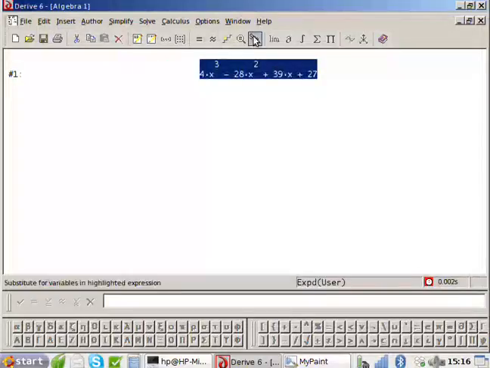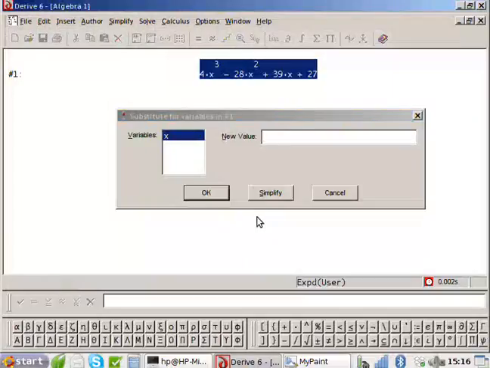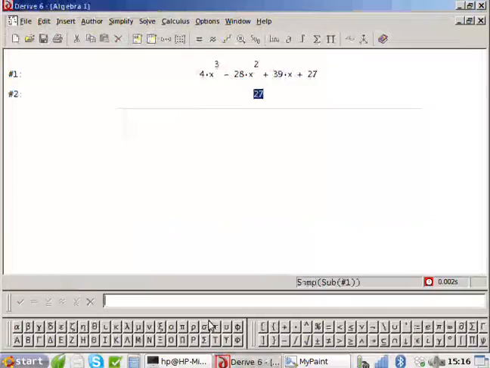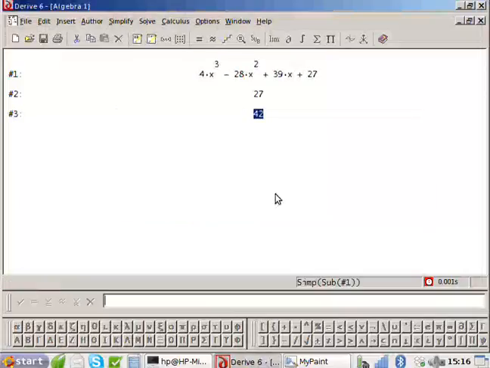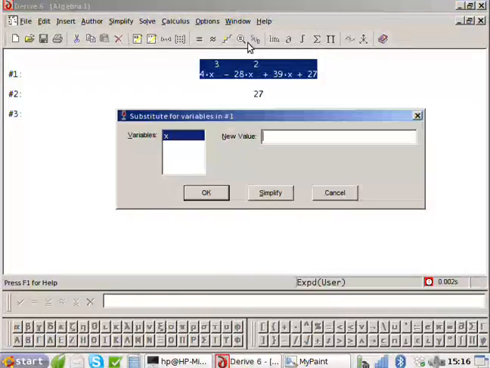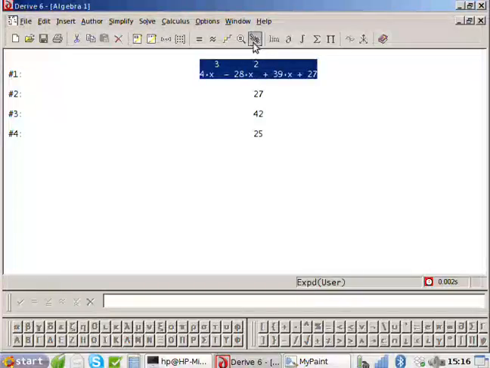So for example, you could try x is 0. Now I know x is 0 is not going to work because what am I left with? 27. I could try x is 1. Will that work? No. I could try x is 2. Will that work? No. I could try x is 3.